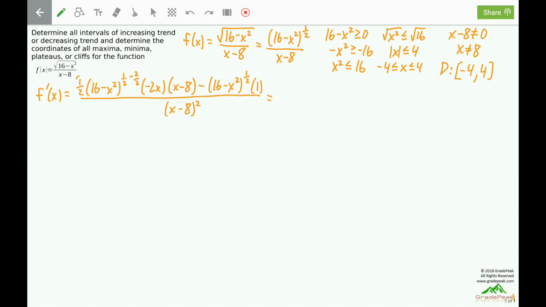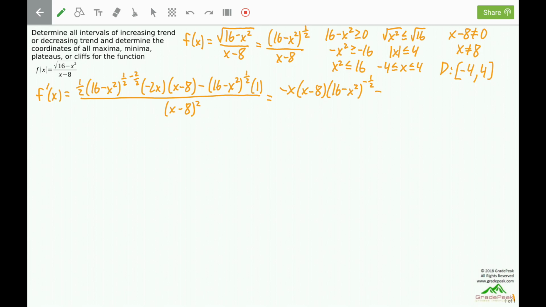For the first term in the numerator, we can put all of the constants together. 1/2 times 2 is 2/2, or 1. There is also a negative and an x that can move to the front, and an x minus 8. So it'll be a negative x and an x minus 8, and there is a 16 minus x squared to the 1 minus 2, negative 1/2 power.